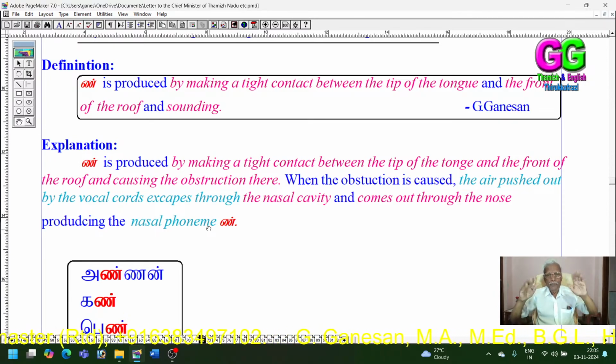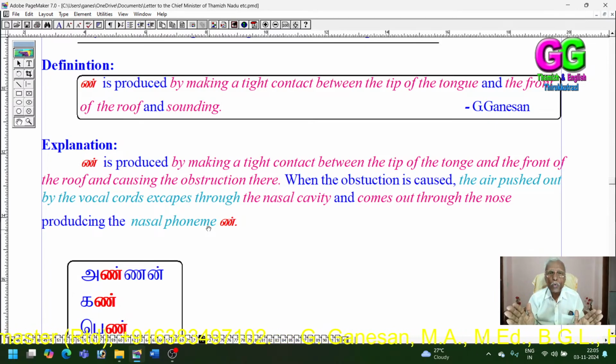Let us see, when a tight contact between the tip of the tongue and the front roof is made and sounded, the air pushed out by the vocal cords escapes through the nose, producing the phoneme ன.